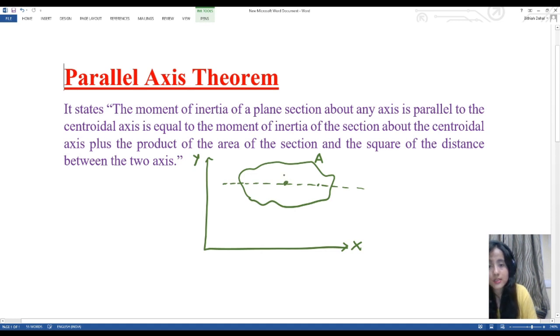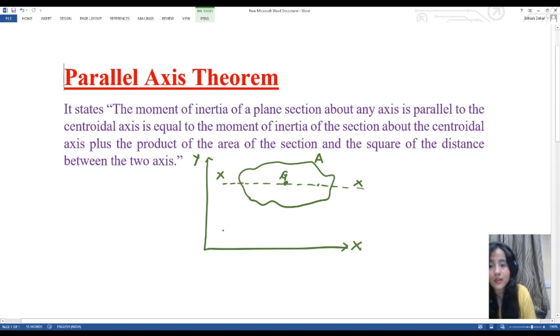Let this x-axis be its centroidal axis, the G x-axis. Now the statement reads that the moment of inertia of a plane section about any axis, it can be any axis, but the condition is that it should be parallel to the centroidal axis. This x-axis here is the centroidal axis, and it should be parallel to this centroidal axis.